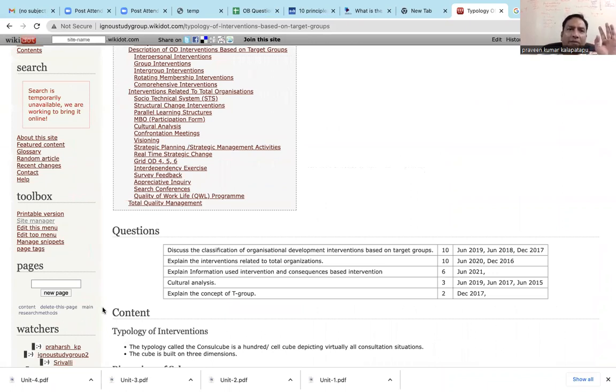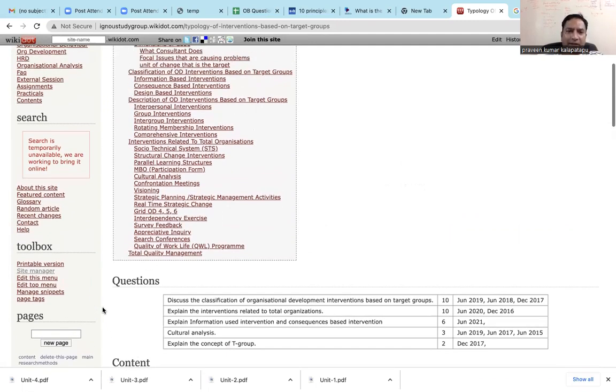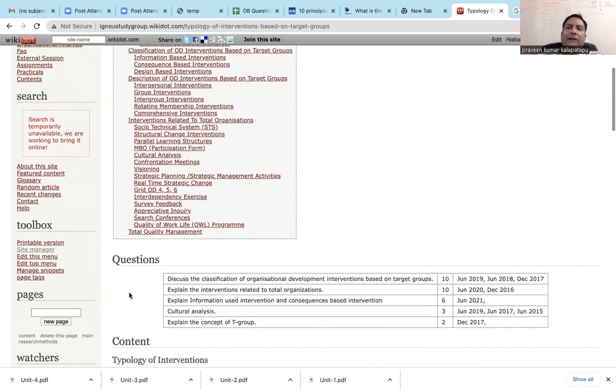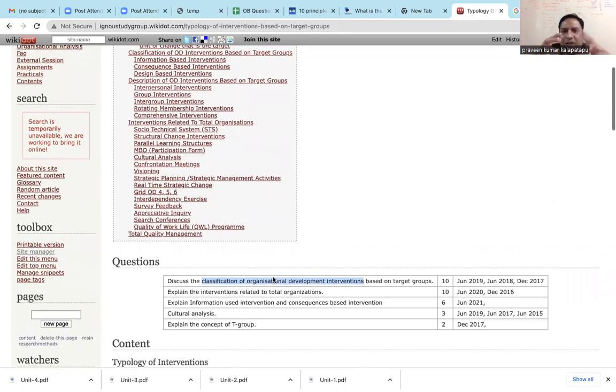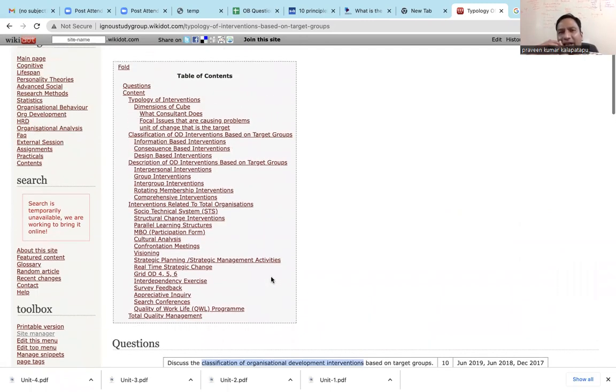So just to give a very high level glimpse again, let me replay what we learned about classifications of OD. Classifications of OD has two types. One type is based on the issues. The other type is based on the target organization levels. For the target issues classification, there are three: information based, consequence based, design based, right?